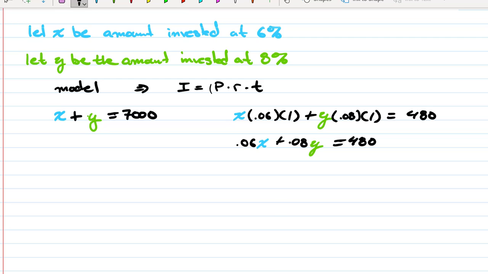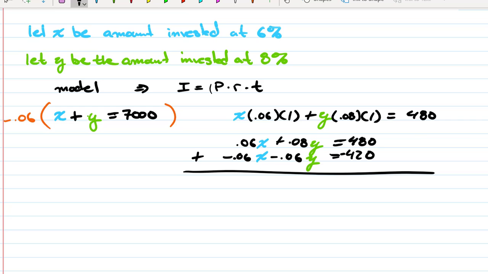So if I multiply everything in equation 1 over here by negative 0.06, that would give me negative 0.06x plus, well, negative, because it would be a negative y, so negative 0.06y is equal to, and negative 0.06 times 7,000 is going to be negative 420.